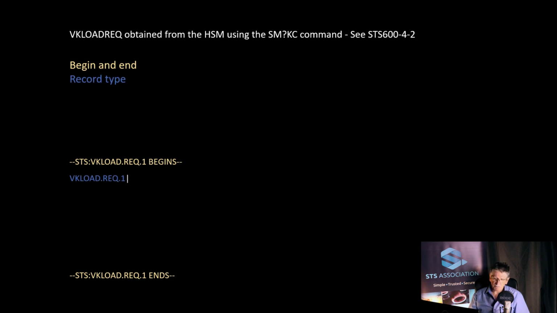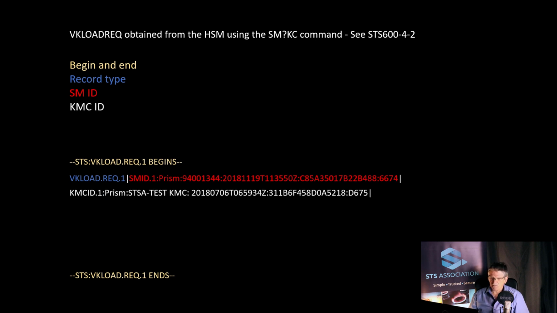Then you have a record type, and in this case it's a vkload request record. Then you have the secure module ID, in other words that's the secure module that is sending the vkload request. You have a key management center ID, so the secure module must only send vkload requests to the KMC that it is allocated to.